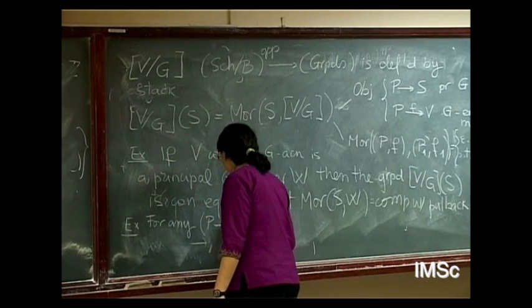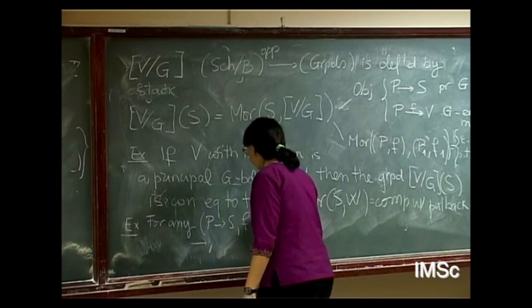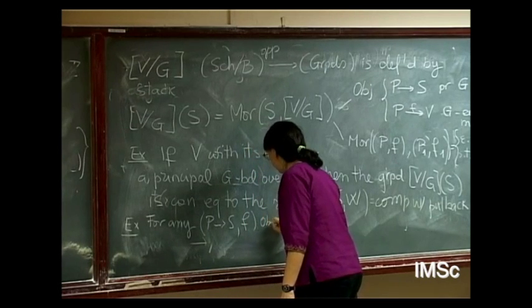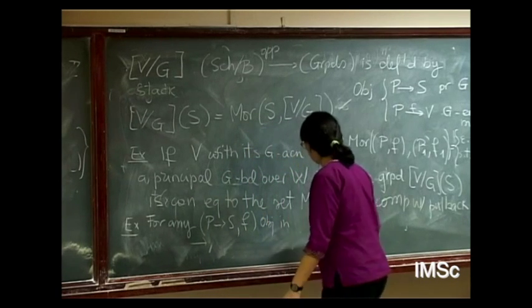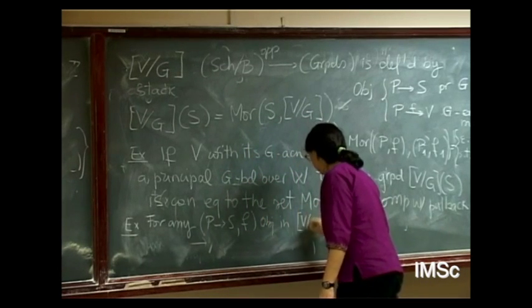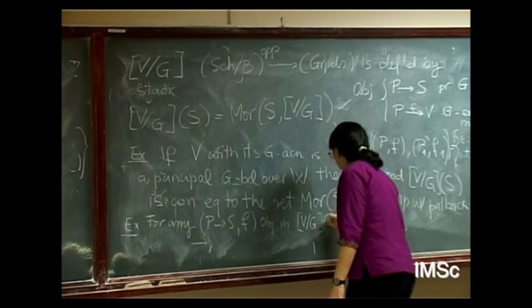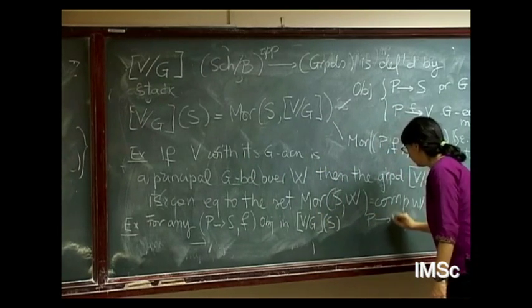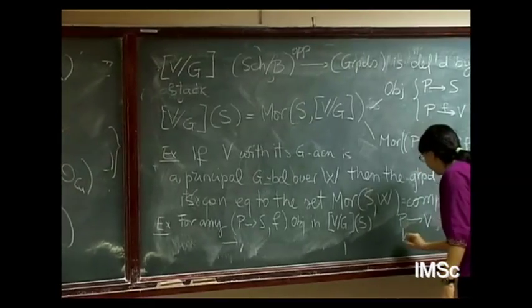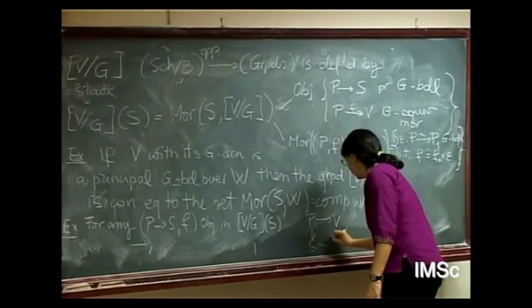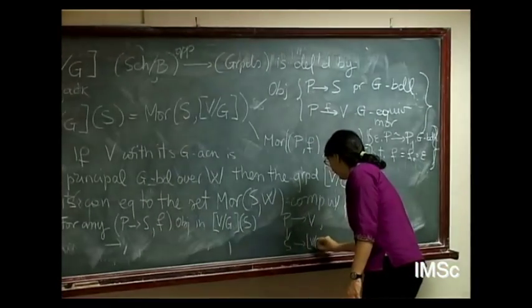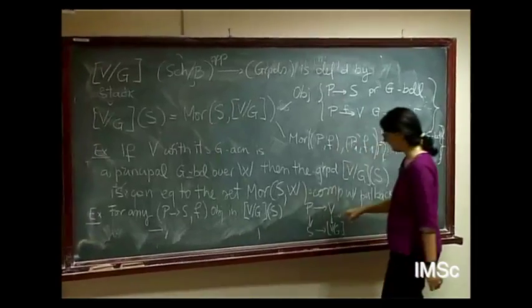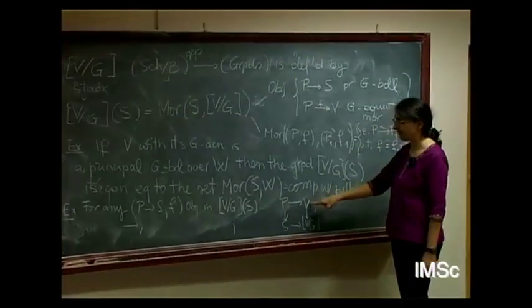P over S, an object in V mod G of S, the diagram P over V to S to V over G. Notice what is this map here?